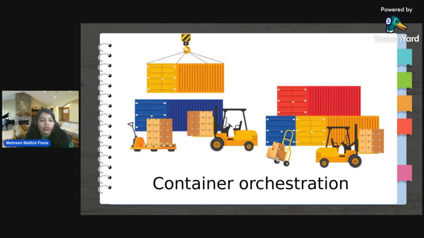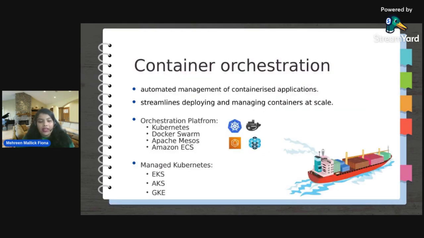Container orchestration is the automated management of containers or containerized applications. It handles the deployment, scaling, networking, and availability of the containers, making it simple for us to manage at scale. The beauty of container orchestration is that you do not have to get into the complex process of the whole deployment.